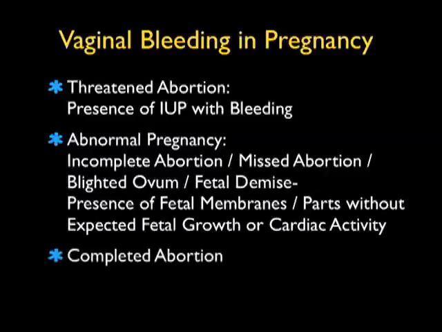Basically, all of these mean the presence of fetal membranes or parts without expected fetal growth or cardiac activity. The third main classification is a completed abortion, in which there's no further presence of fetal membranes or parts, and on examination, usually the cervical os will be closed. And the fourth main classification, the most dangerous, is ectopic pregnancy.